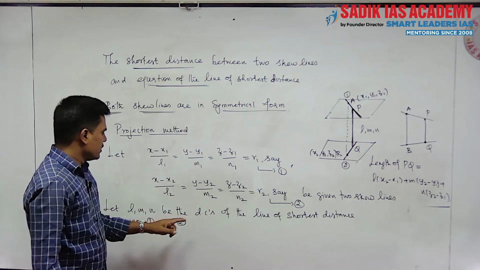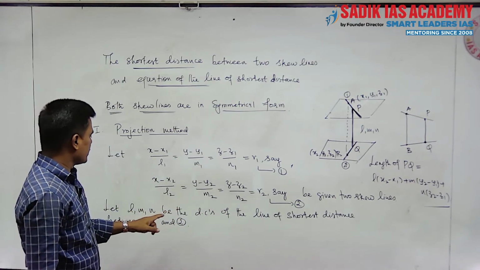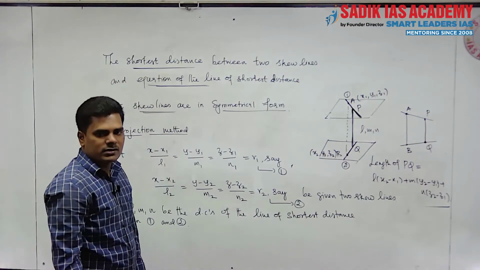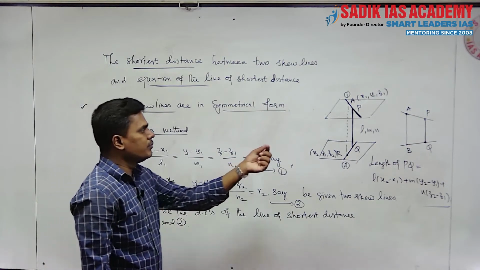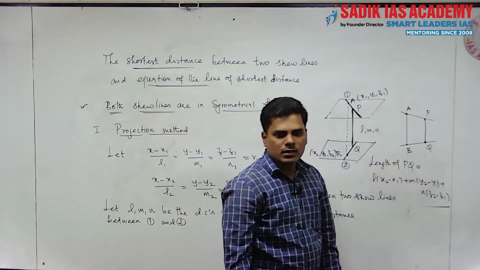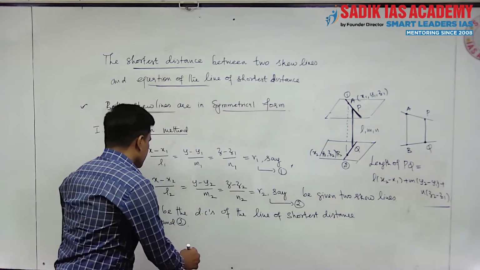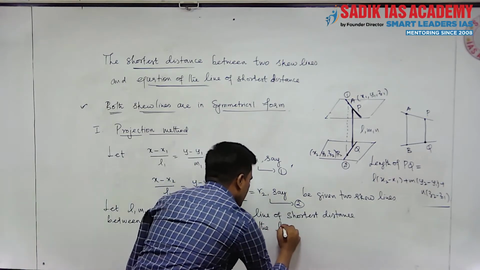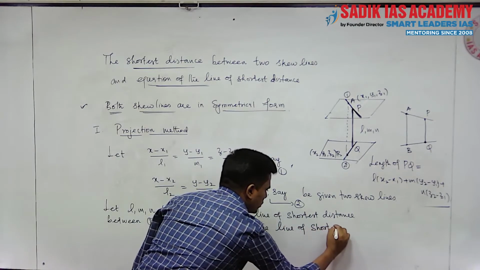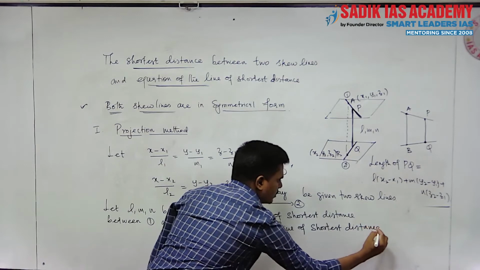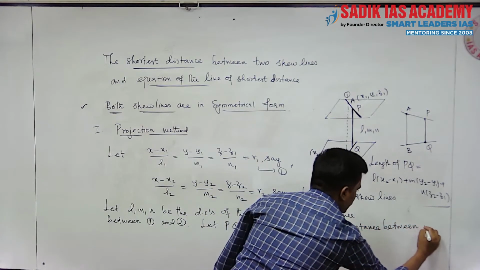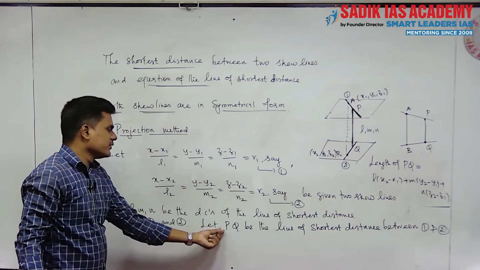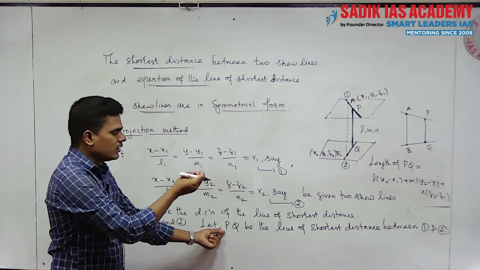Let PQ be the line of shortest distance between the skew lines 1 and 2, where P is a point on line 1 and Q is some point on line 2. Yes or no?